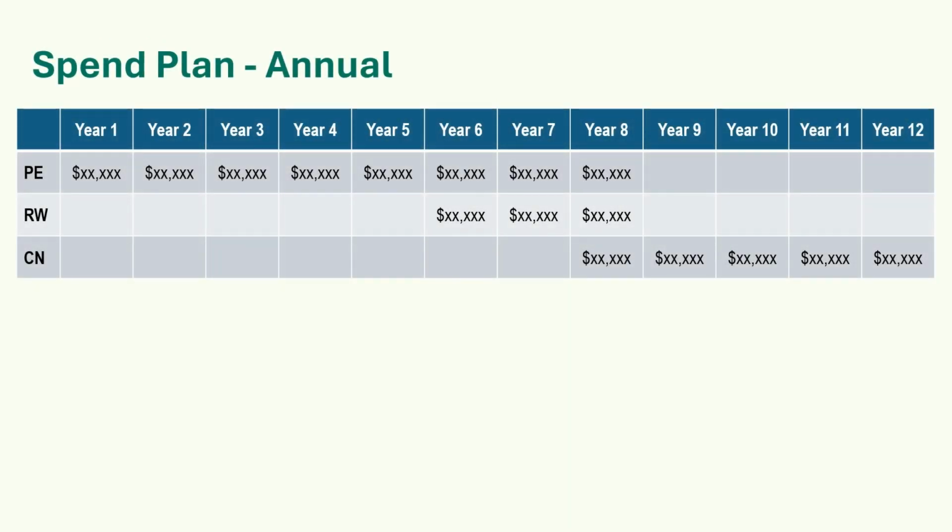Roll all your estimates into an annual spend plan, keeping preliminary engineering, right-of-way, and construction estimates separate. Your estimates are in today's dollars, so now you need to add escalation to each column. Add 1 year of escalation to your year 2 estimate, 2 years of escalation to your year 3 estimate, and so forth.